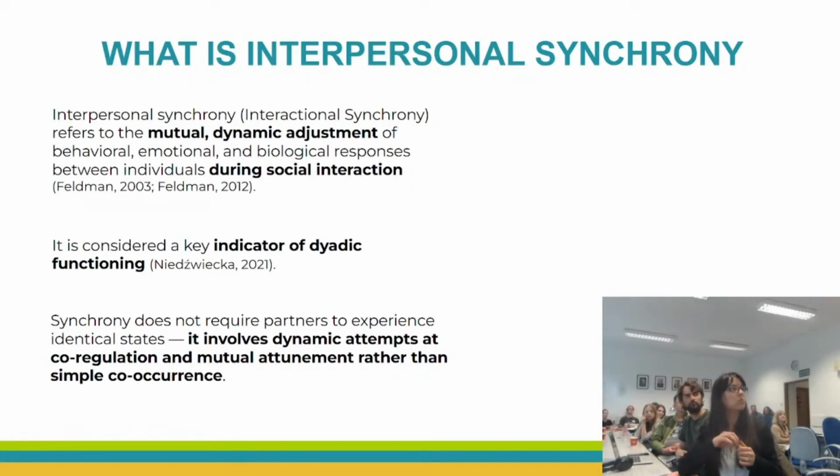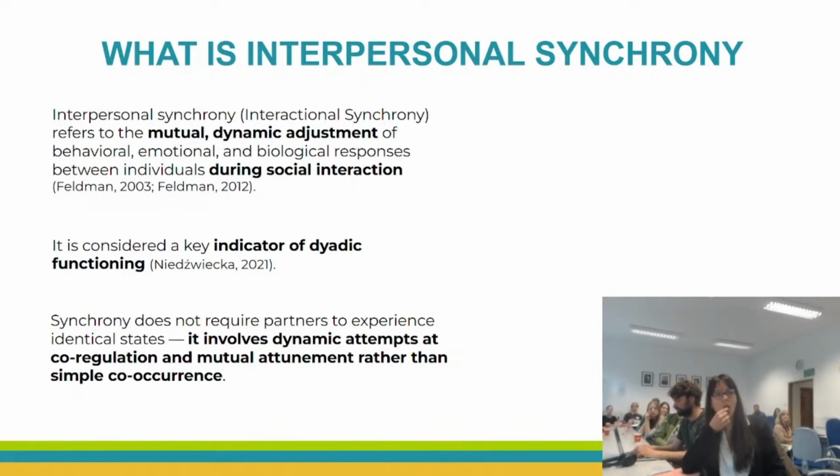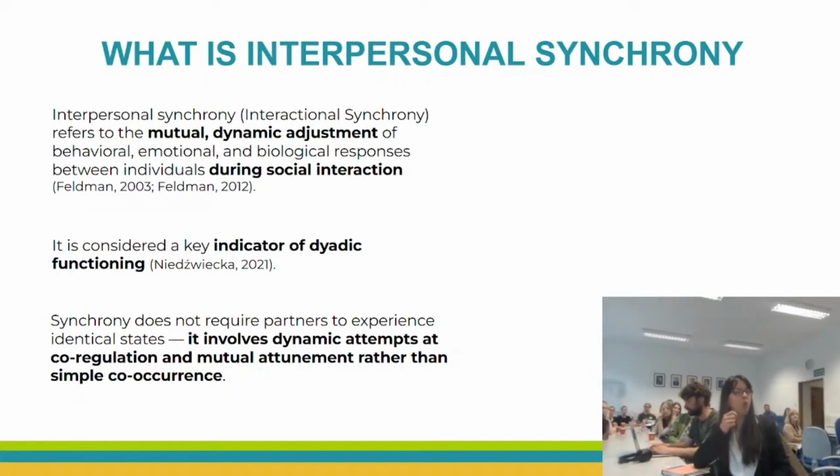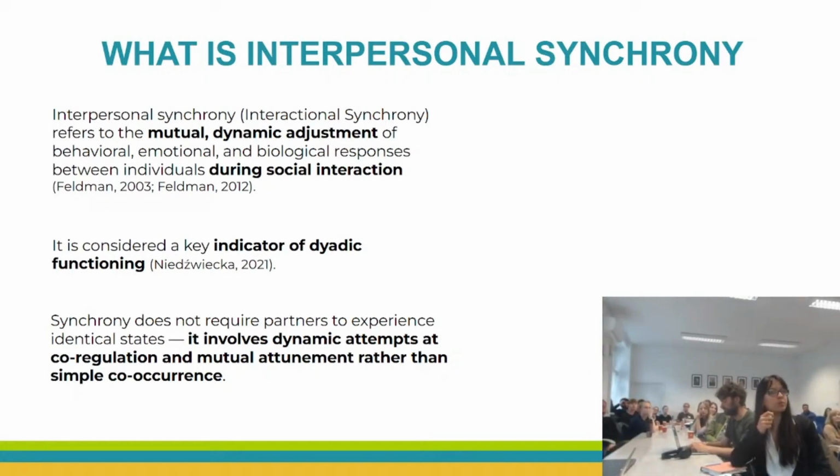To begin, what exactly do we mean by interpersonal synchrony? Interpersonal synchrony, sometimes called interactional synchrony, refers to mutual dynamic adjustment of behaviors, emotions, and biological responses between individuals during interaction.